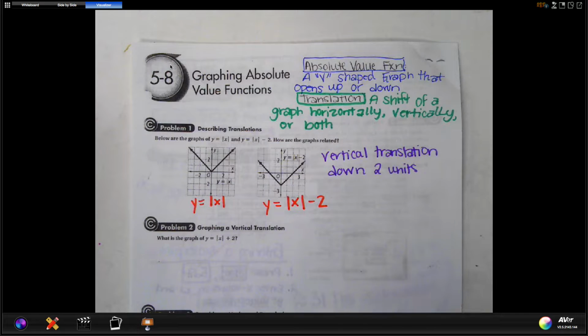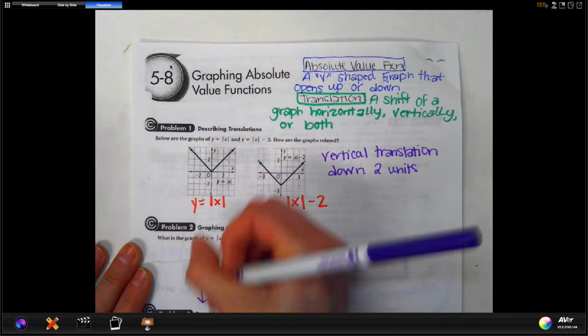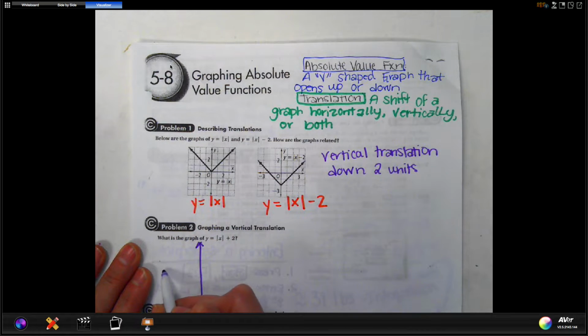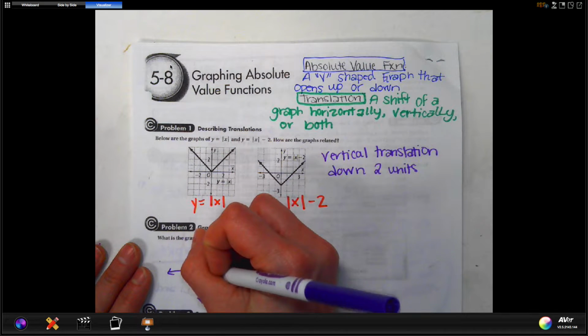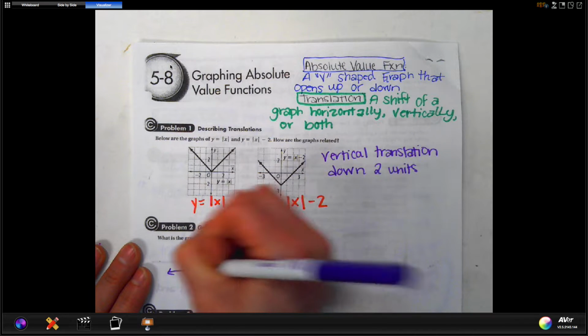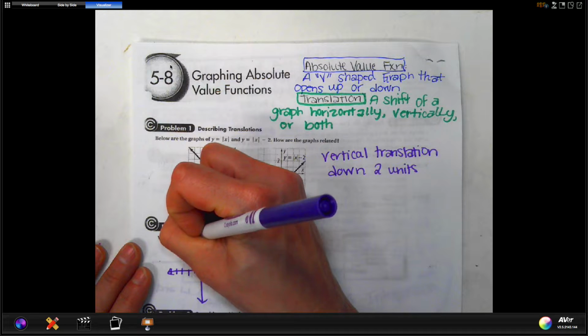Okay? And so without even looking at it, I know that my graph is going to have its vertex at positive 2 this time, right here. And then it's going to travel upwards, like this.